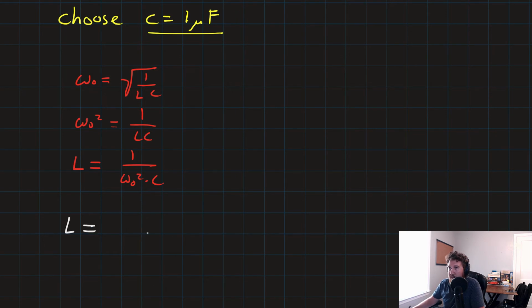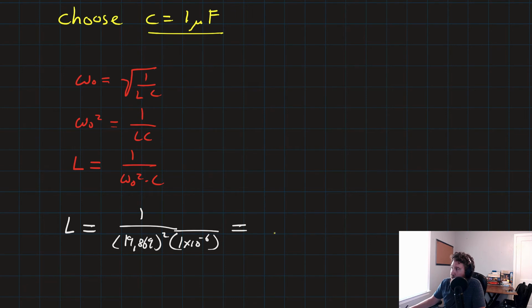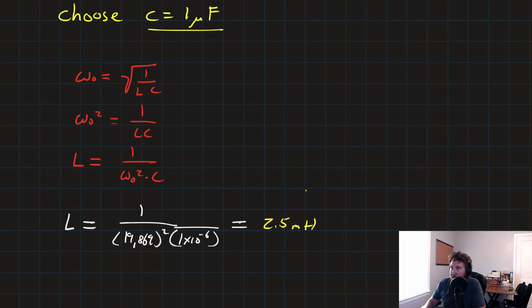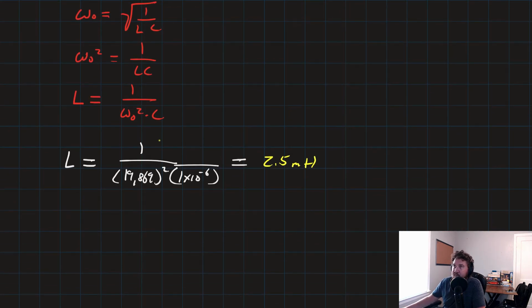L is equal to 1 over 19,869 squared, times C, which we chose to be 1 times 10 to the negative 6. Punch that in your calculator, and that's going to get us an L of 2.5 millihenries.